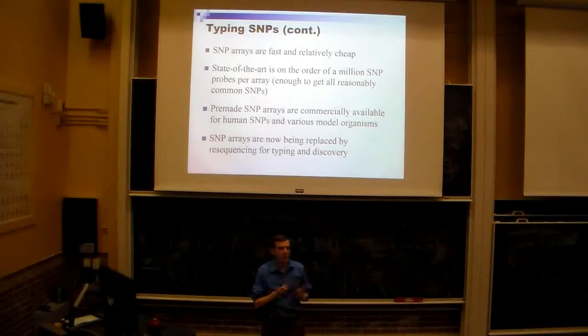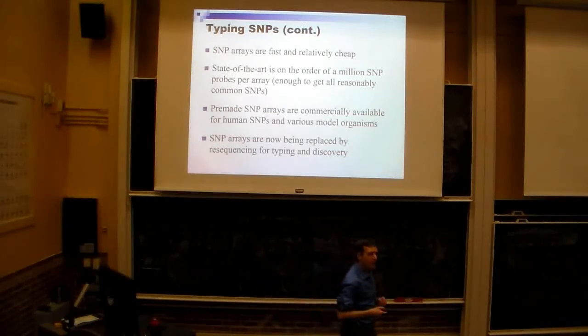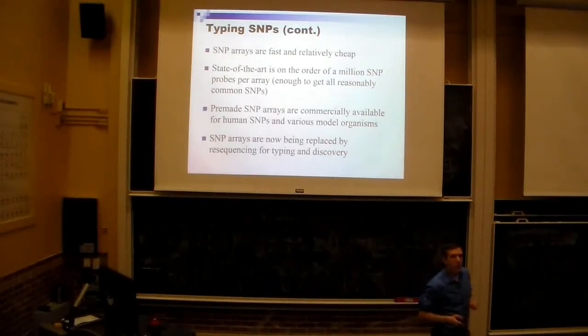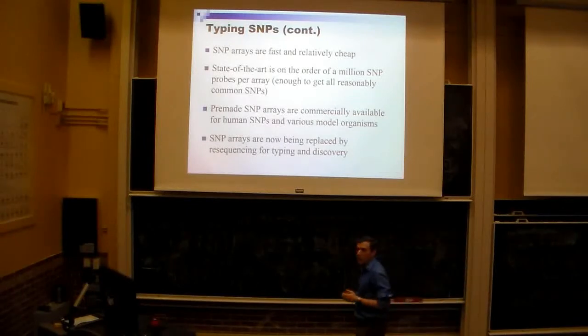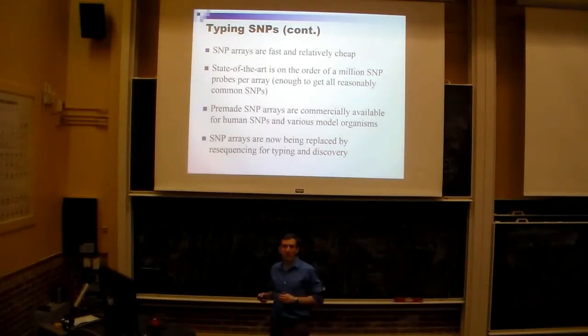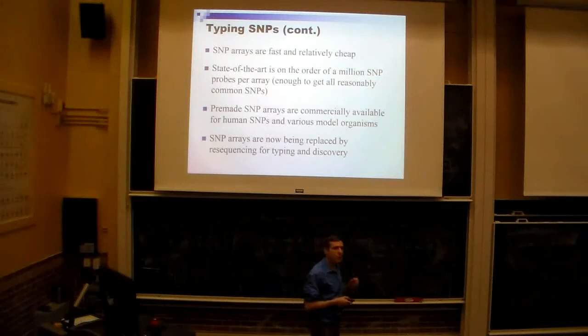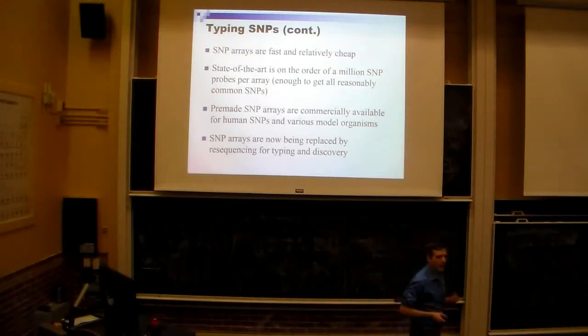Cheap is always a relative term in a laboratory context, but basically it was a cheap technology where you could take a person and type their SNPs, for a large number of SNPs, relatively easily. You could take a given person's DNA sample and run it over a microarray.